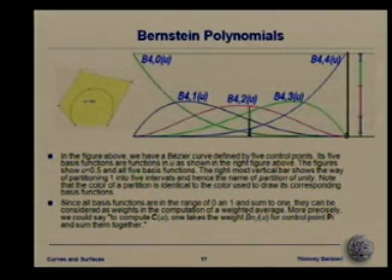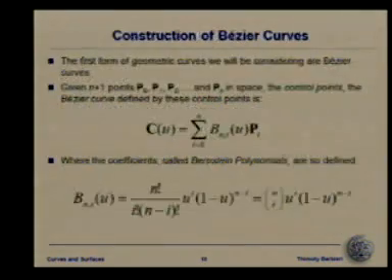Well, back to partition of unity. For every value of u, going from 0, which is over here, to 1, which is over here, the sum of all the Bernstein polynomials which are involved in the weighted formula, so this sum over here, the sum of all the Bernstein polynomials.